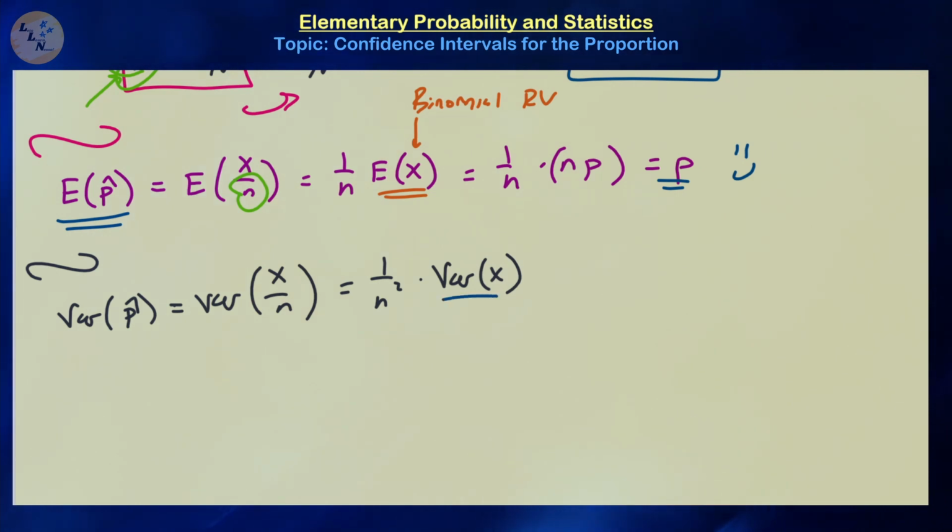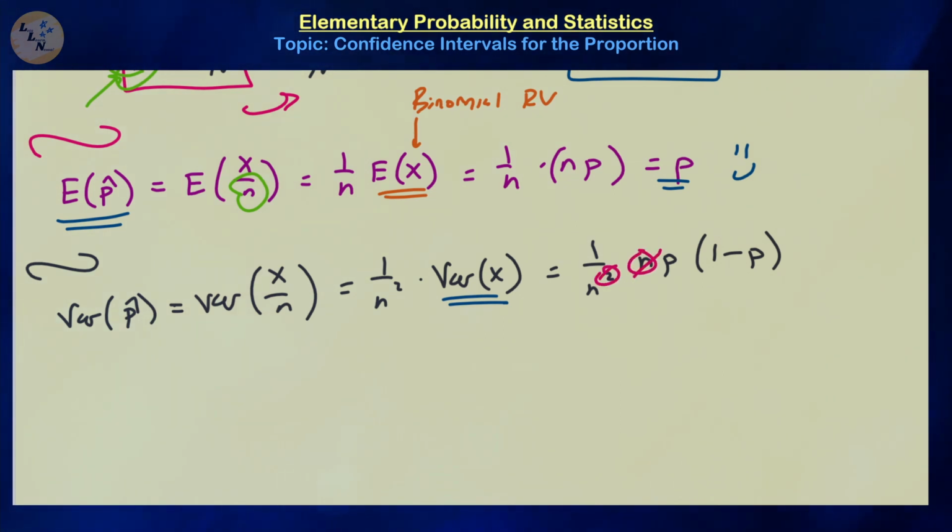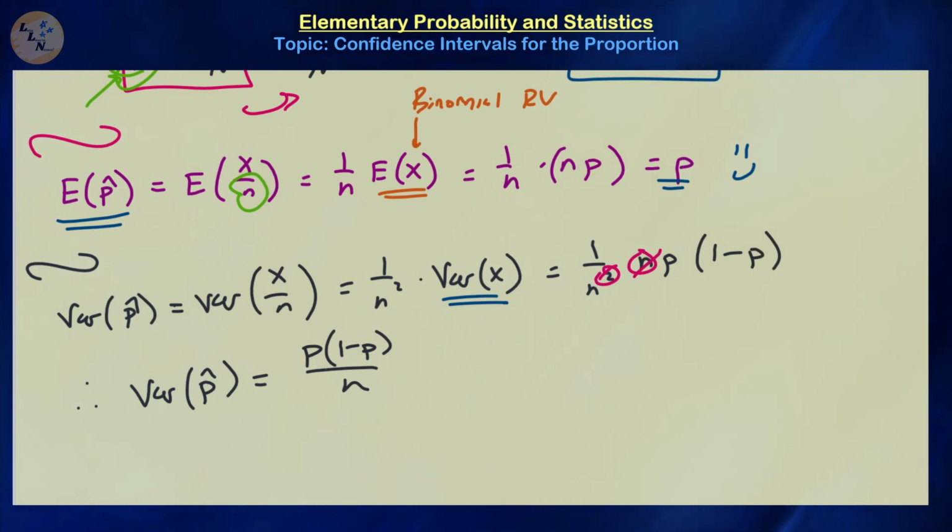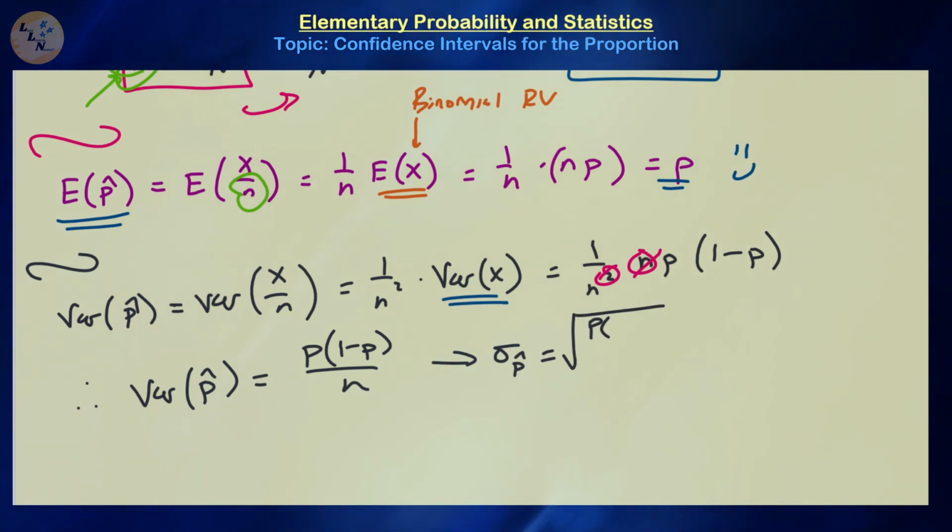Since, again, x is a binomial random variable, the variance of that binomial random variable is going to be equal to np times 1 minus p. So we see that an n cancels out of this expression. Therefore, we have that the variance of this sample proportion is going to be equal to p times 1 minus p divided by n. Therefore, the standard deviation of p hat is going to be equal to the square root of p times 1 minus p divided by n.